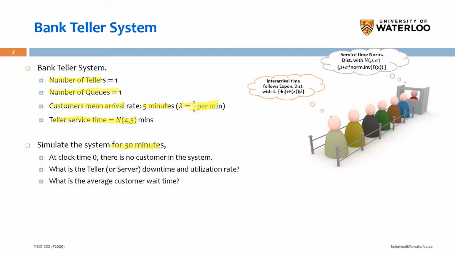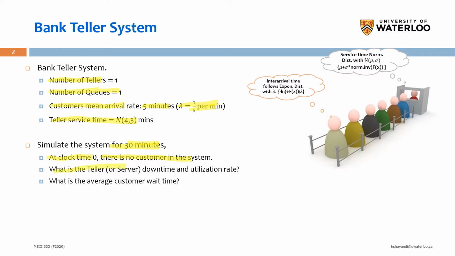But here, we simulate the system for a certain amount of time, for example, 30 minutes. At clock time 0, we assume there is no customer in the system, the initial status, and these are the questions we're going to answer by simulation.